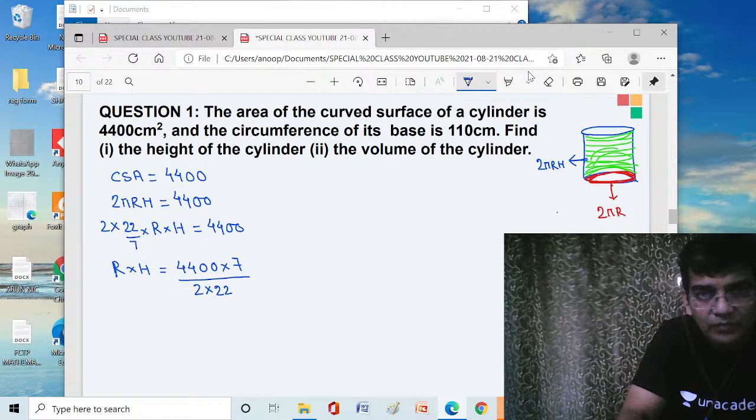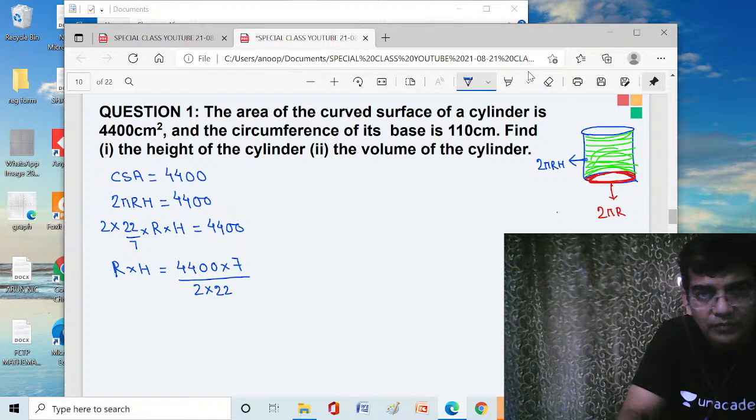So let's see what the radius will be. 22 will reduce it 5 times. So this will give you 35 upon 2. So this is the radius. Now after getting the radius, the question asks for the height.